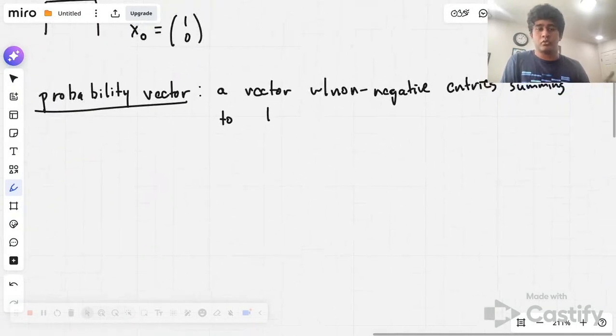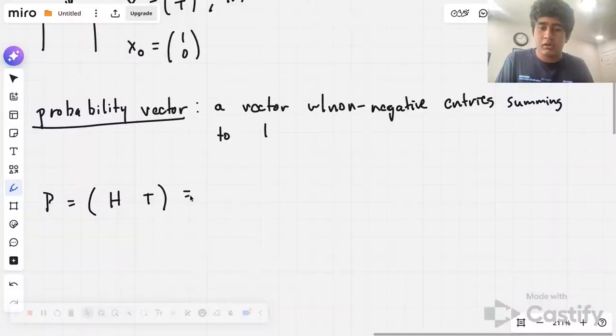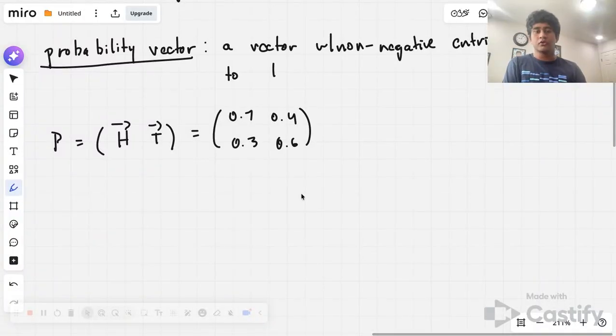So we'll call the rule matrix P. And our rule matrix will essentially have heads and tails, our heads vector and tails vector, which is 0.7, 0.3, 0.4, and 0.6. So this matrix is actually called a stochastic matrix.